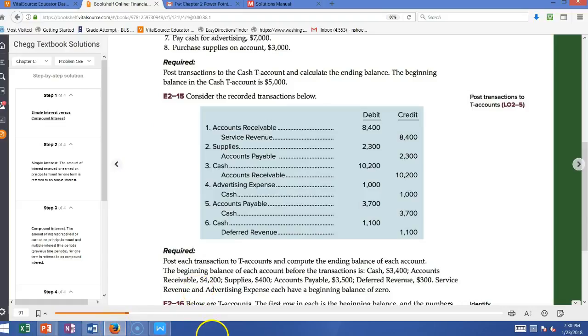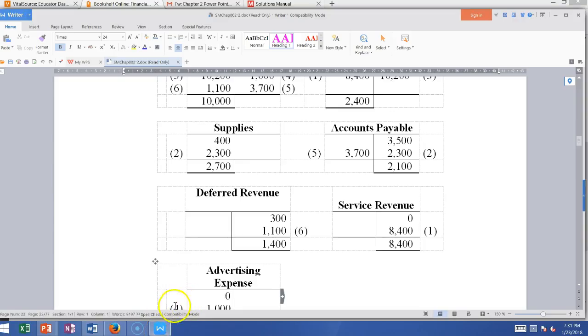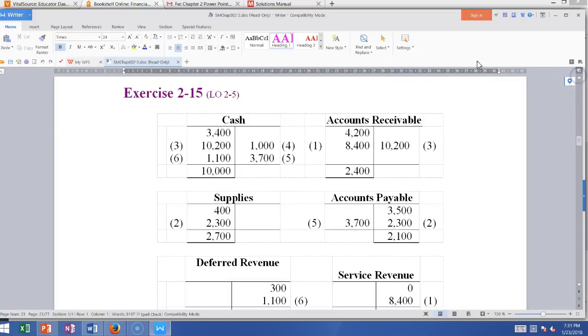Okay. So we need to post each of these and compute the ending balances of each account. So you're going to total your debits, total your credits, and cash should have a balance of $10,000.